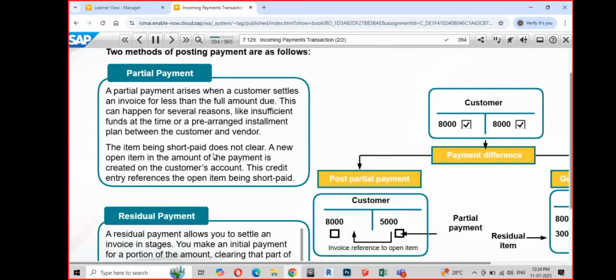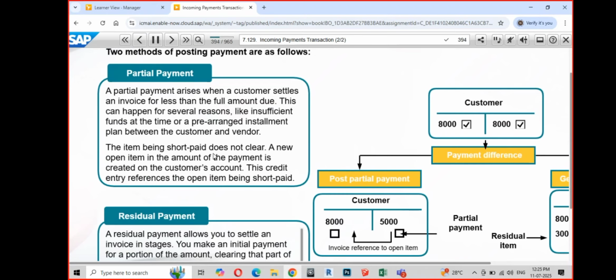The invoice gets the status of a cleared item only when the invoice is paid or the invoice amount is received till the last rupee. Till then, the status in your SAP system will show that as a receivable or a payable, a liability pending or an asset pending.